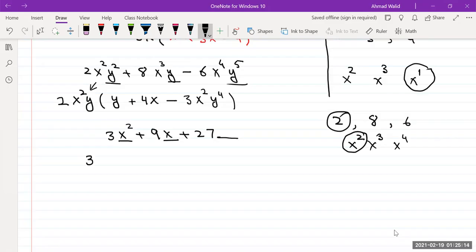Remember, if the variable is not involved in all terms, you cannot take it as a common, correct? You cannot find the GCF because the last term doesn't have a variable. Then the only GCF will be 3. Divide all terms by 3 and write inside the parentheses. That will be your factor of this polynomial.